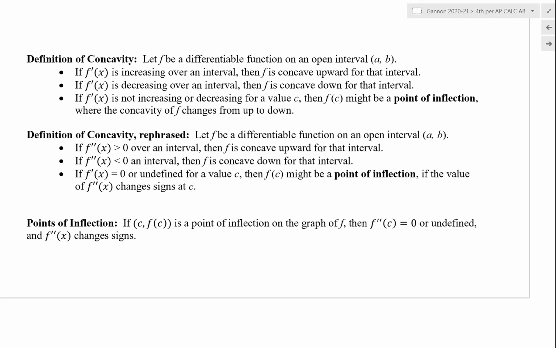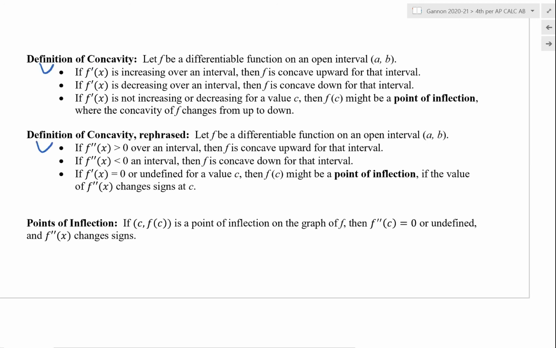So when we tie that to the second derivative and the first derivative, if our second derivative is positive, that means that the first derivative is increasing. So we want to think about concavity really in terms of the second derivative. When the second derivative of a function is positive, that function will be concave up. All right, so it's going to have that particular shape.